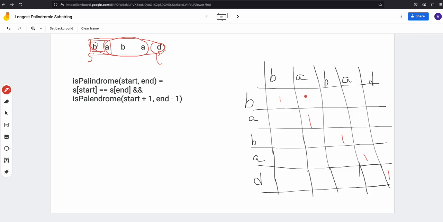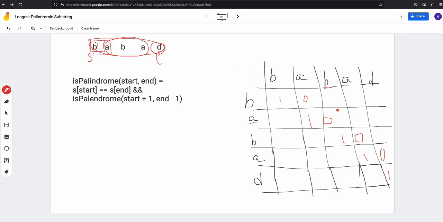No, so it is not a palindrome. We don't need to consider the opposite way. So we are just marking it as not a palindrome, they're not equal. B is equal to B? A is equal to B? No. B is equal to A? No. A is equal to D? No. So for length 2, we did not find any palindrome.